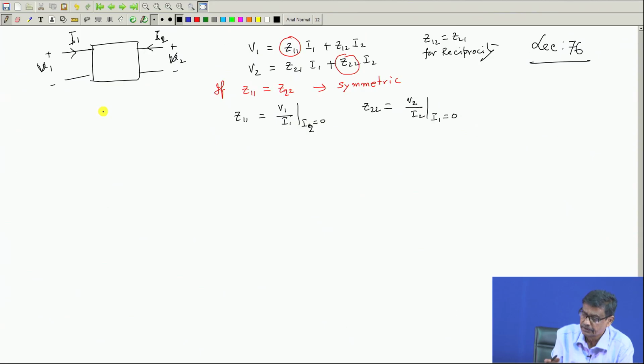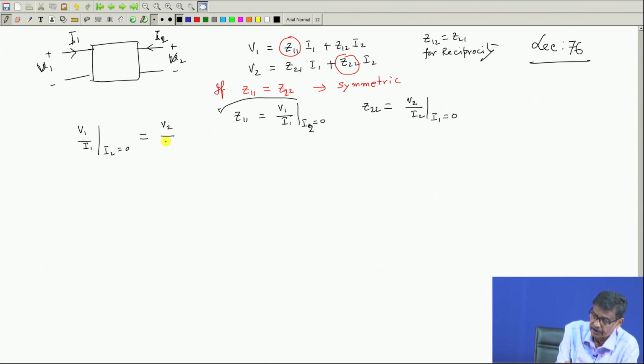You have to find V1 by I1 with I2 equal to 0, and V2 by I2 with I1 equal to 0. For the impedance matrix it happens to be Z11 equal to Z22. So, V1 by I1 with I2 equal to 0 should be equated to V2 by I2 with I1 equal to 0.